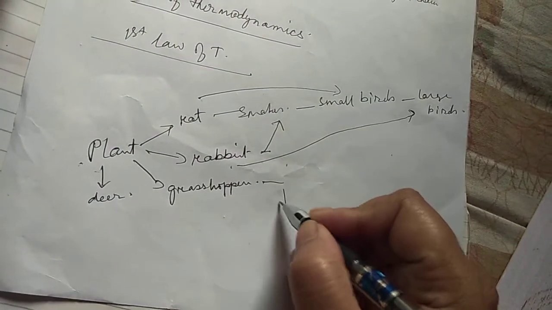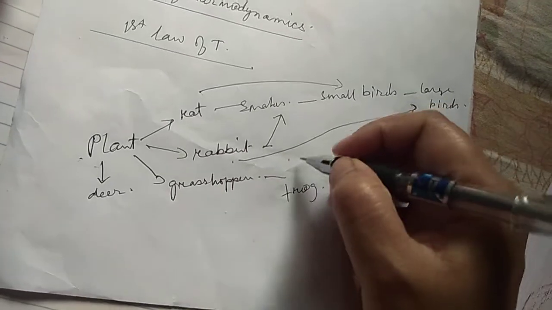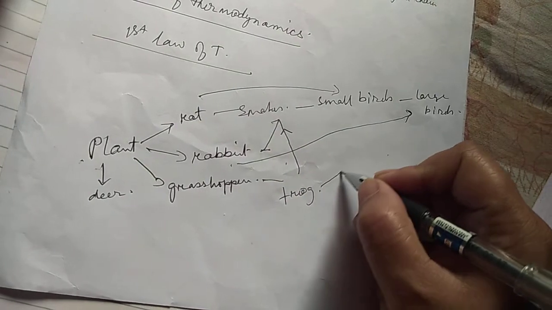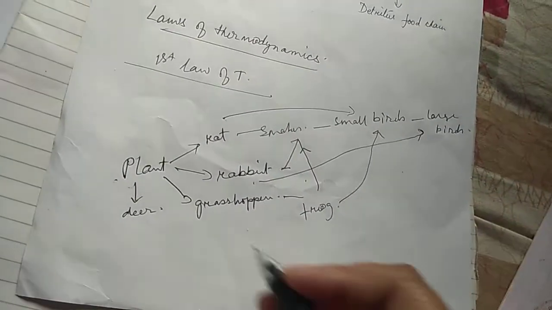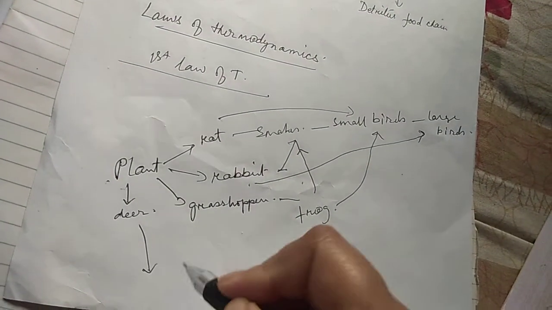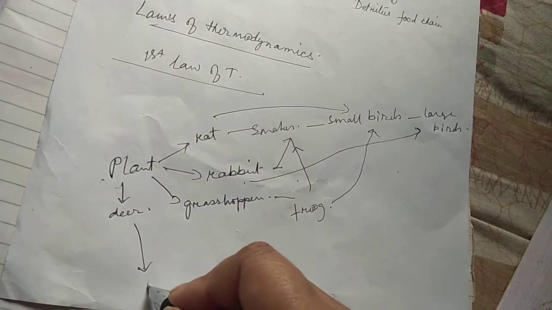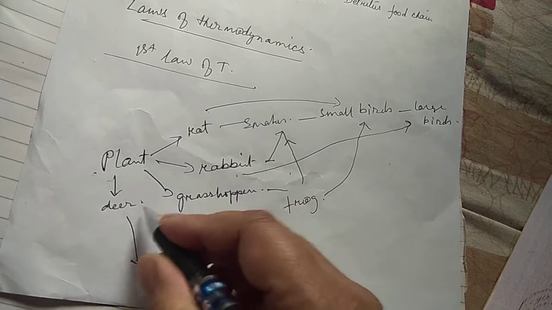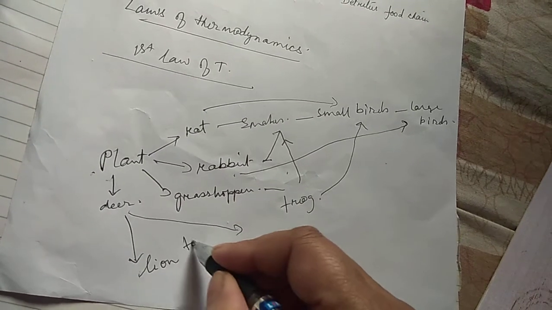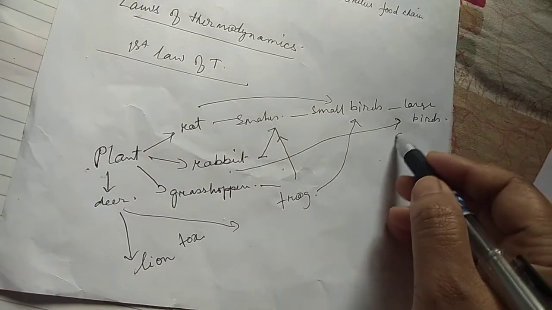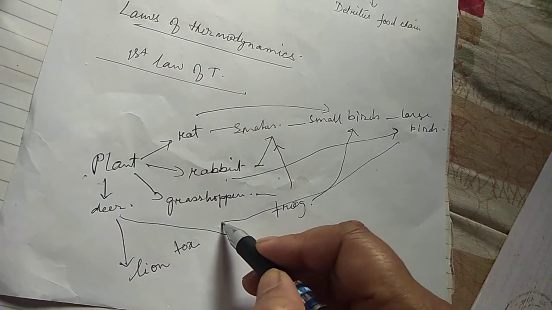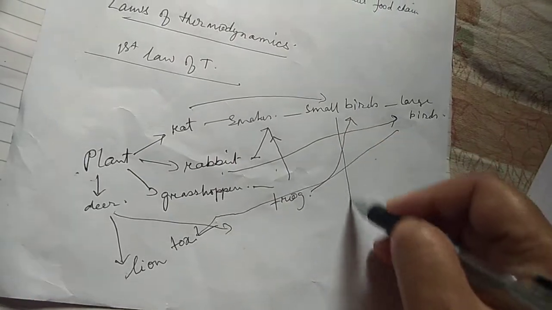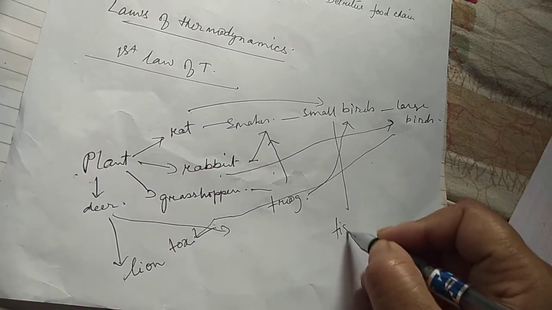Grasshoppers are eaten by frog. Frog is eaten by snakes or small birds. Deer is eaten by lion or fox. Bird can be eaten by the fox. Small birds feed on fish.